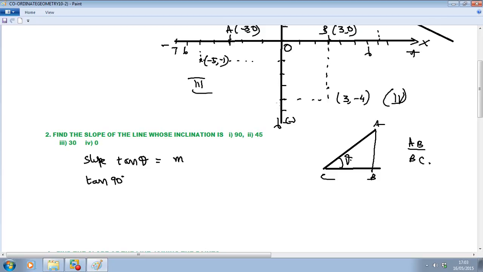So that is the slope. So exactly what is given by slope? What is the exact meaning of AB by BC? Increase in the length vertically by increase horizontally ratio. Vertical, how much you are increasing divided by horizontal. So tan 90 is not defined.